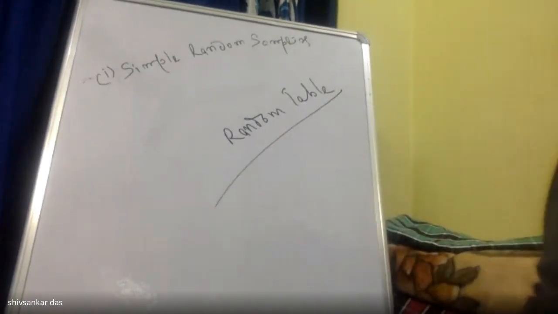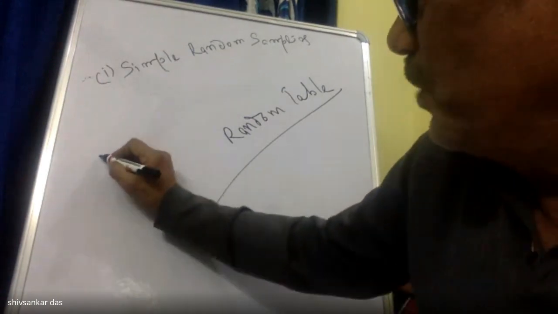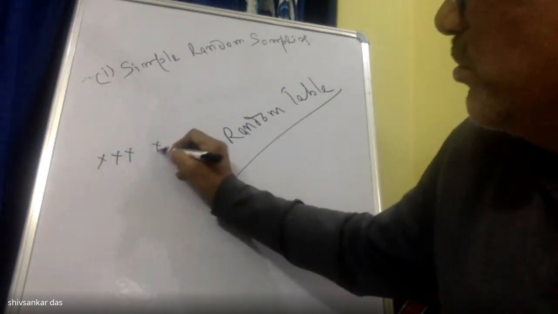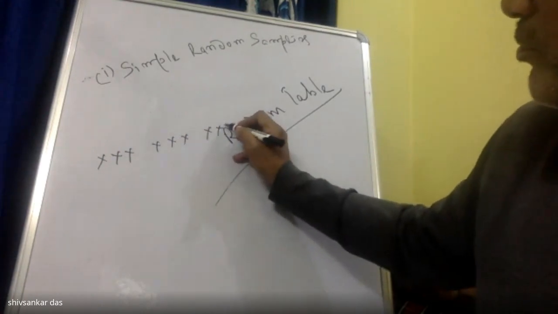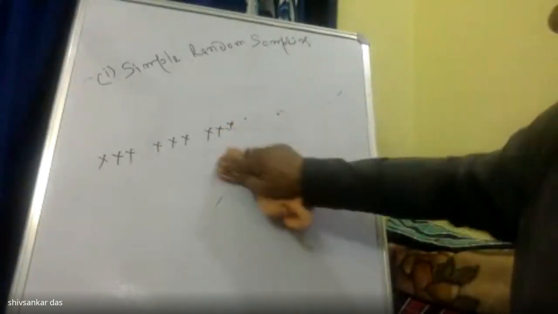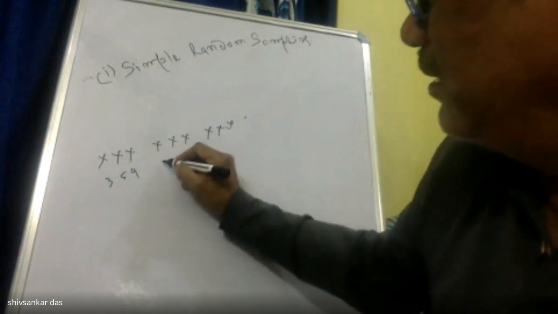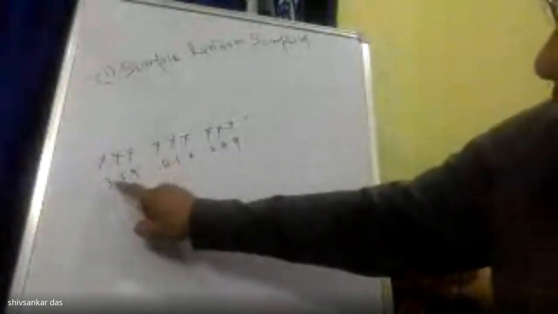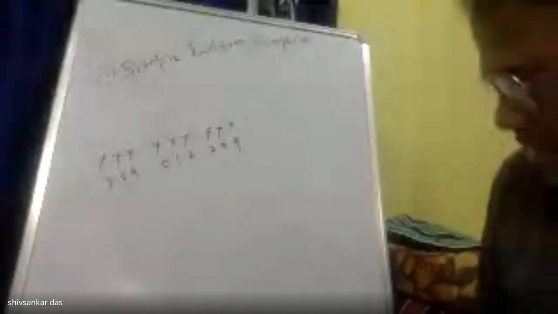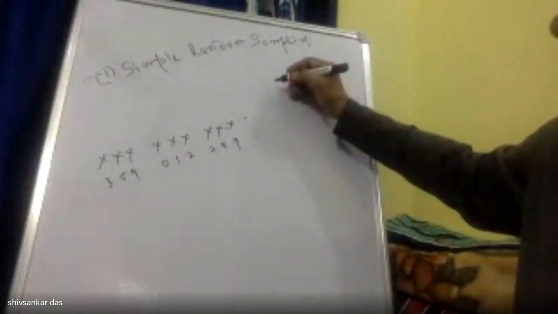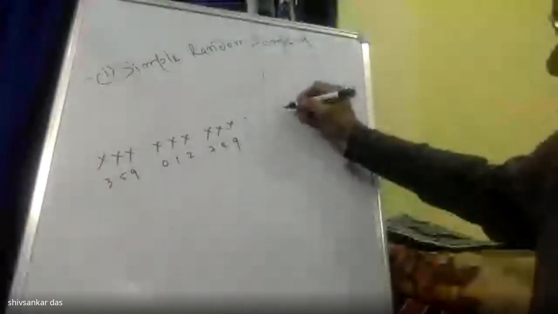In the random table, you will see there are numbers like 3, 5, 9, 0, 1, 2, 7, 8, 9. Suppose the entire population is listed from 1 to 1000.